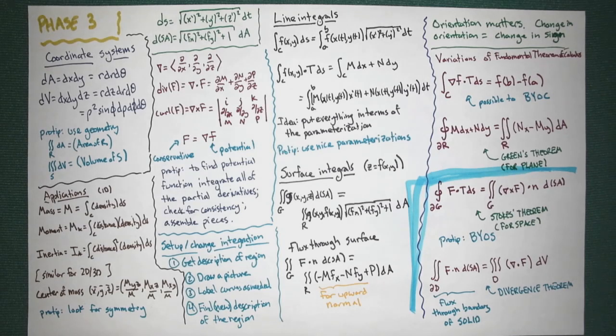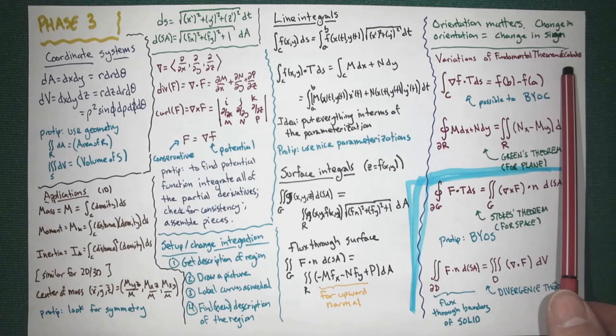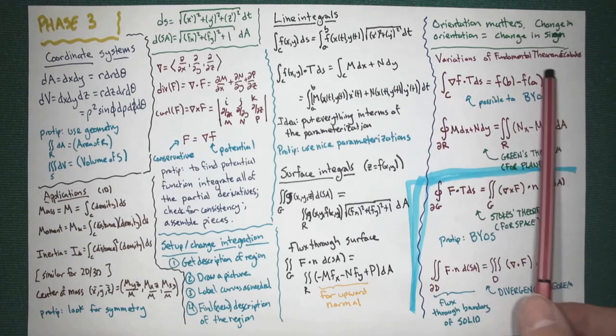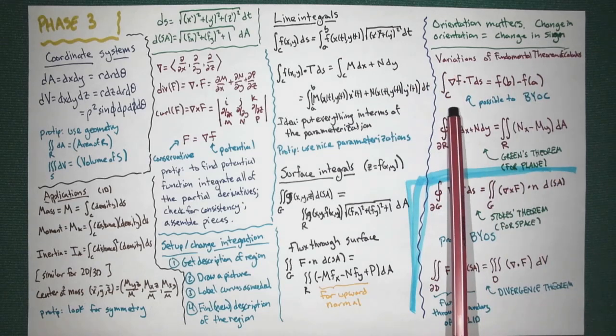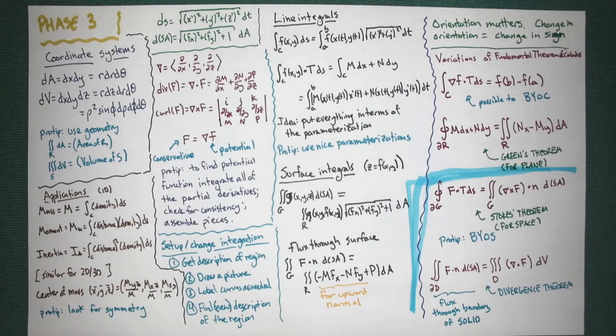Know how you have conservative functions and potential functions. So if F is the gradient of a function, well, little f is your potential, big F is your conservative. And these are useful for line integrals in the case that you have a conservative function. How do you find your potential? Well, one thing that might happen is they might give it to you if they were feeling very generous.